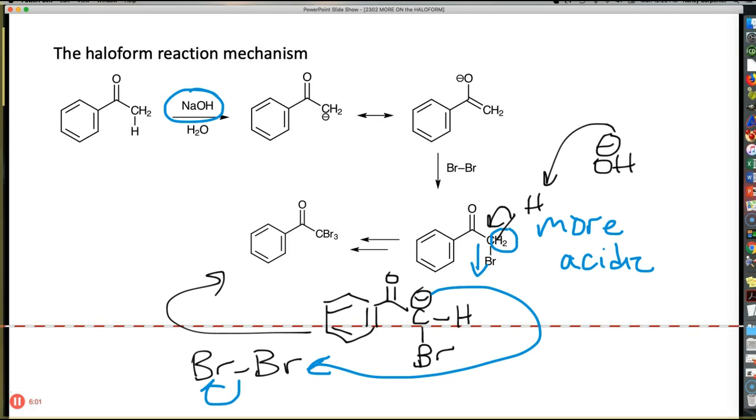Well, you know what happens next. It basically happens 3 times. So that's the first part of the haloform reaction.